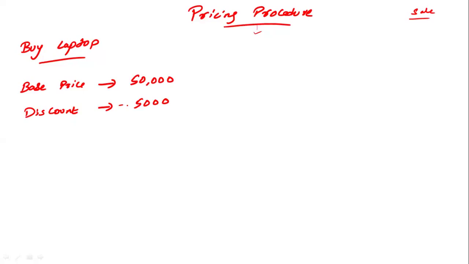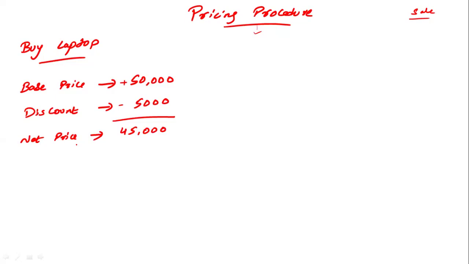You also need to observe the values I'm using here. The base price is your positive value and the discount is your negative value. So now the net price of this laptop becomes 45,000. This is called the net price. These terminologies are also SAP terminologies.